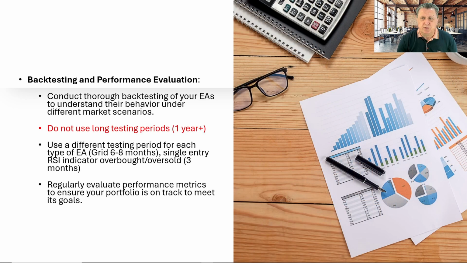Backtesting and performance evaluation is something that you obviously should consider and you should continue to do. You should conduct a thorough backtest of the individual EA so you actually understand the behavior. It might be the same EA as we spoke about, but different versions also have different ways of operating. So even there you can diversify again.